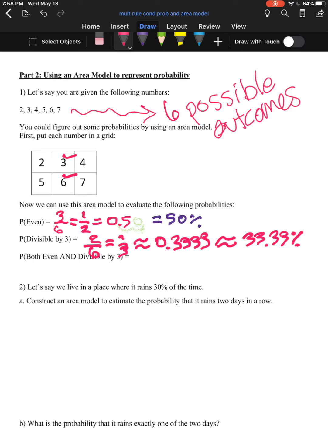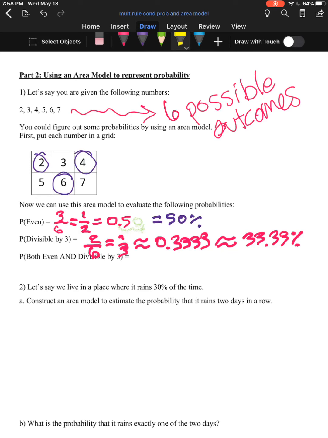And the last one we have to do here is the probability of the number being both even and divisible by 3. Well, our even numbers are 2, 4, and 6. And divisible by 3 means one of these numbers that we circled hopefully is also divisible by 3.